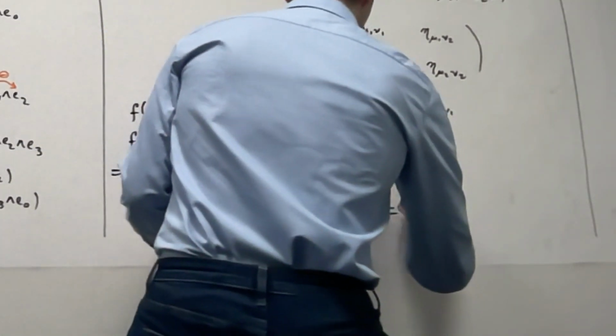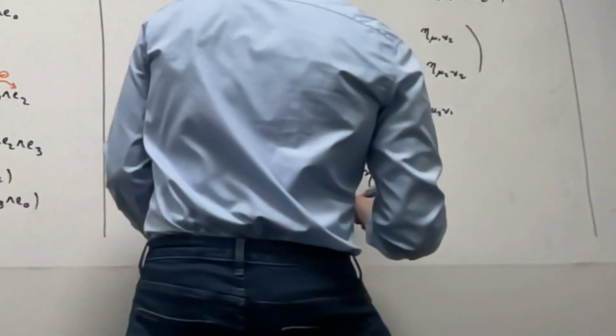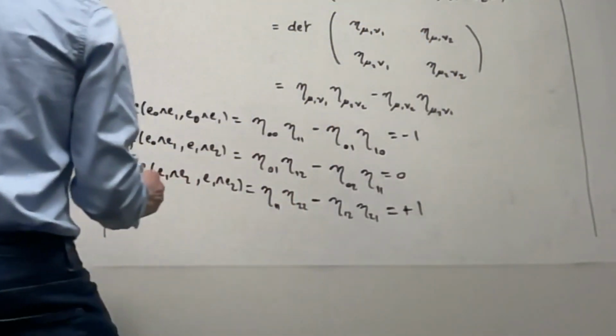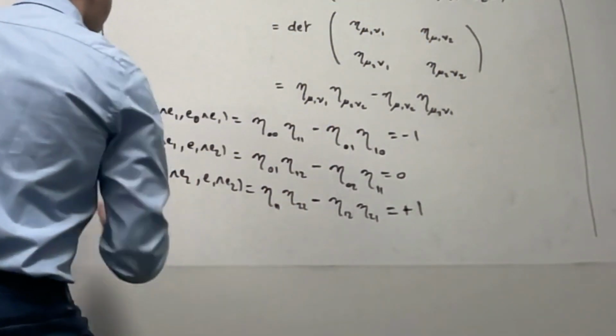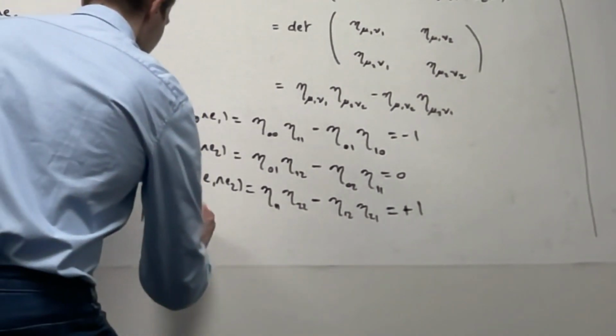So this is equal to -1 times -1, and that's equal to +1. And finally, you have f of e2 e3.